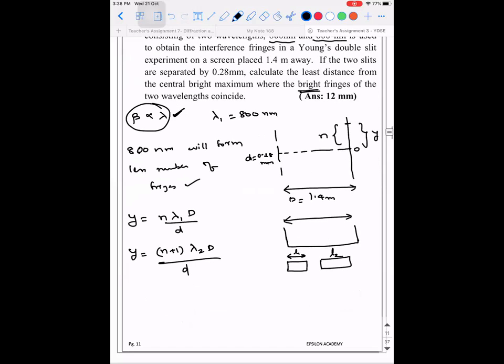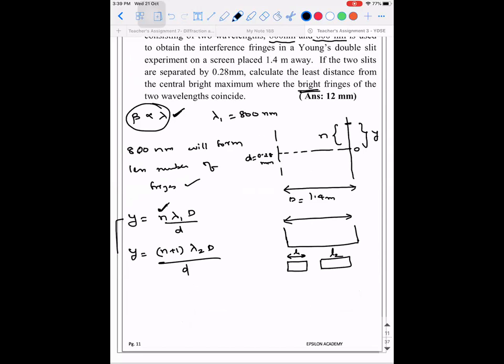Okay. So we don't know what that n is. If the nth bright fringe of 800 nanometer wavelength is at a distance y from the central fringe, then the (n plus 1)th bright fringe of wavelength 600 nanometer will be at a distance y. It is exactly the next one.